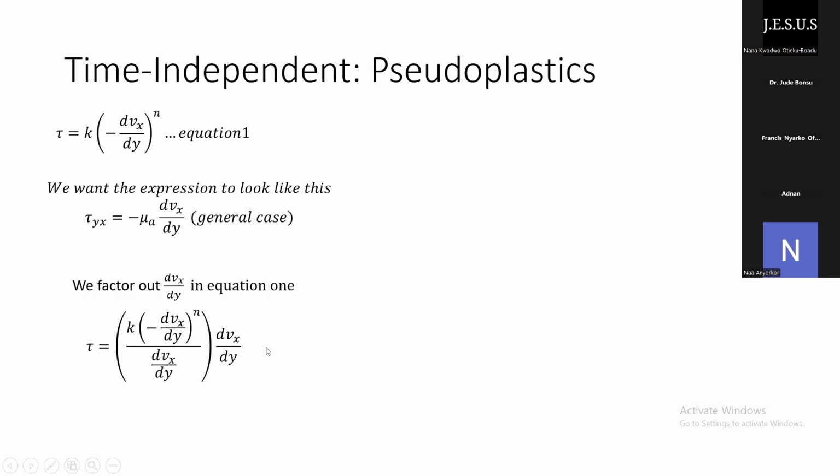When you multiply these two, this cancels this, and then we are getting this back.